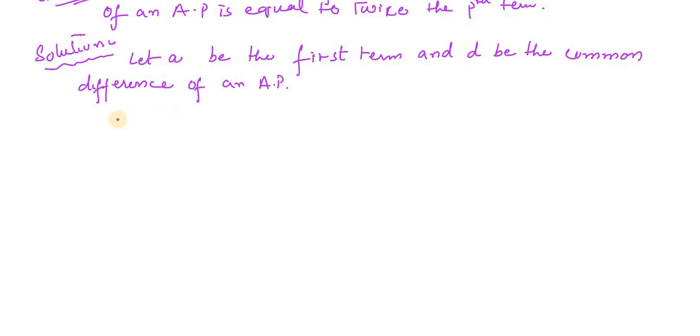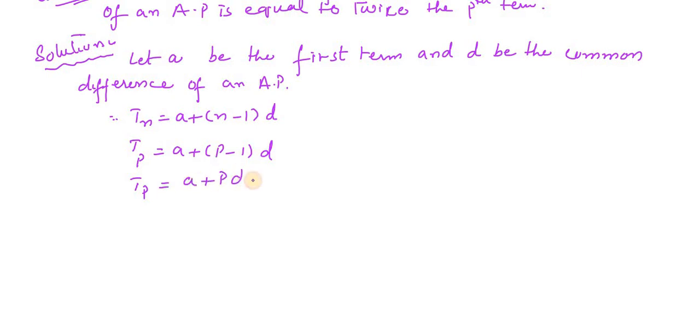For the pth term, we know that the general term is Tn equals A plus (n minus 1) D. So the pth term is A plus (p minus 1) D, which is A plus p times D minus D. This we say is our equation number 1.